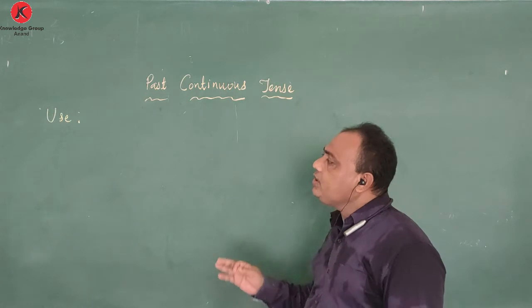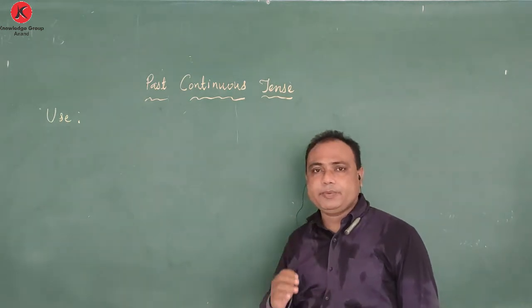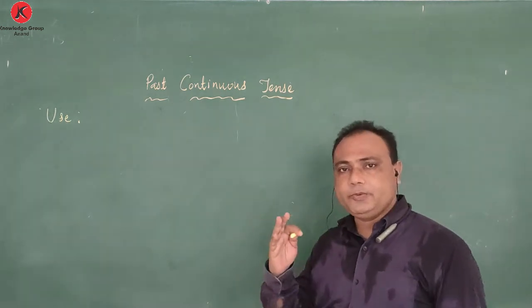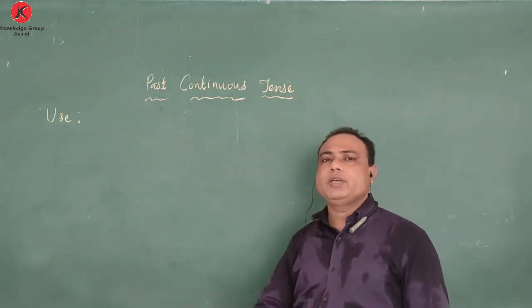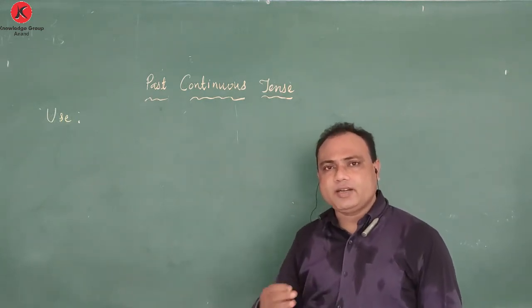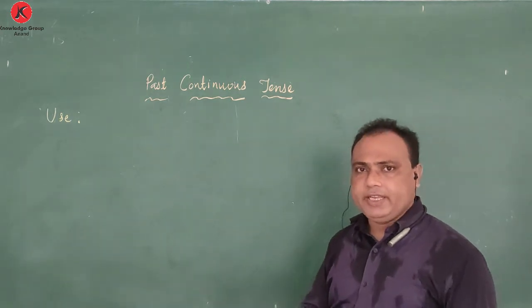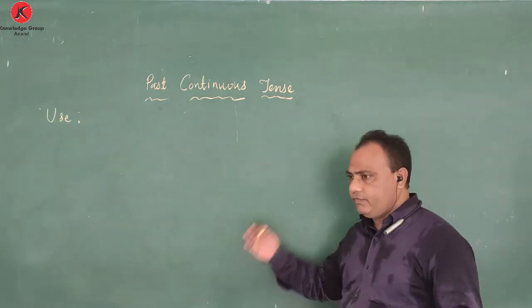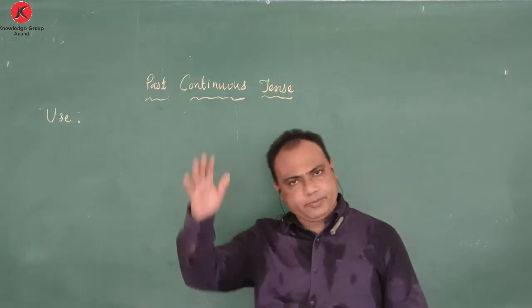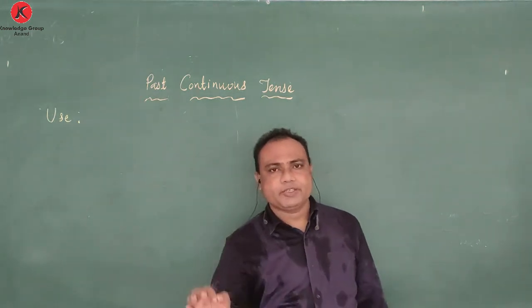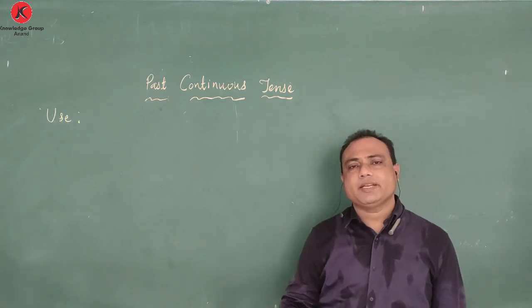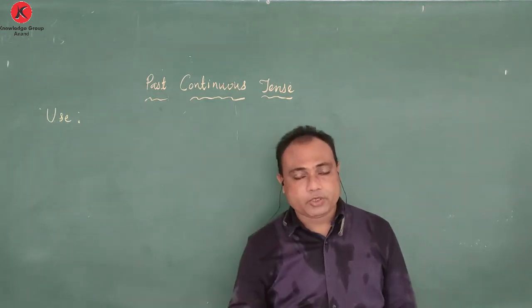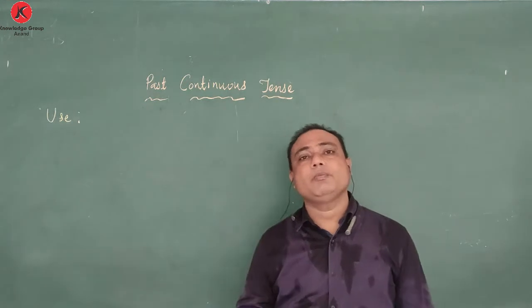So if you want to develop that fluency, then always remember the use. Once, twice, thrice, slowly, gradually, it will get fixed in your memory, in your brain, the situation will get fixed, and then the sentences will automatically flow out of your mouth.